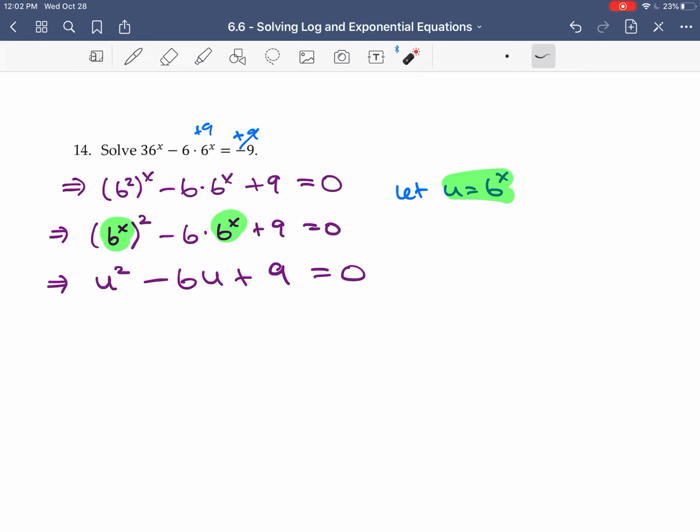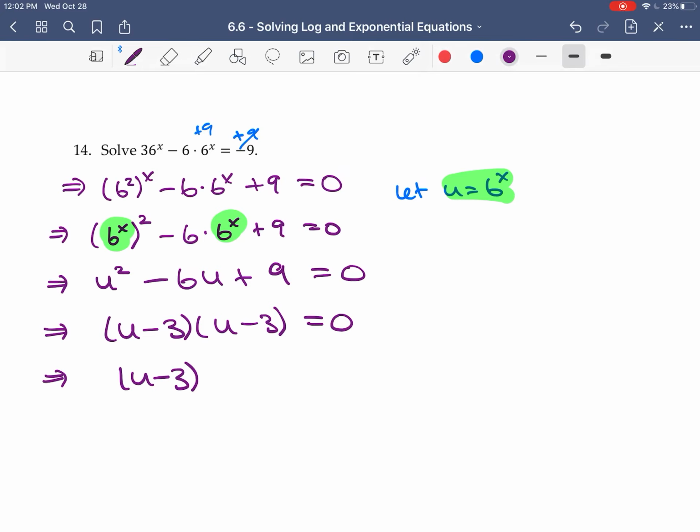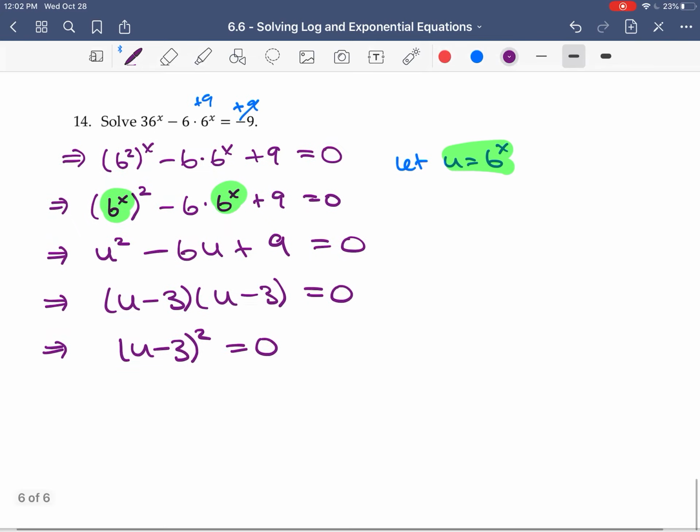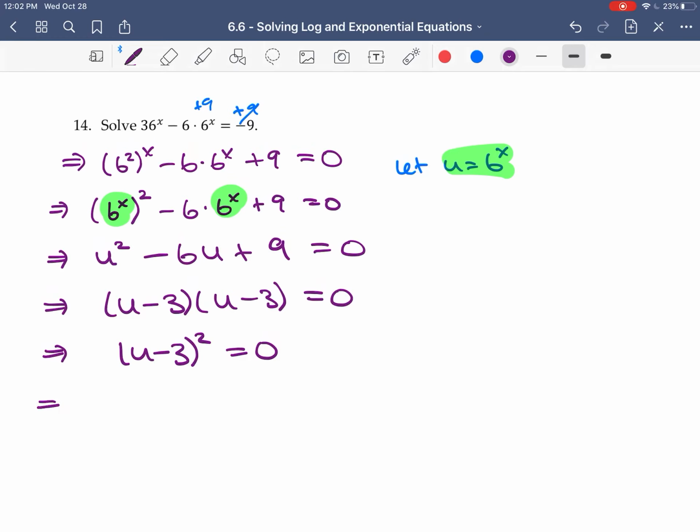So I want two numbers that multiply to give 9, but add to give negative 6. So that's going to be negative 3 and negative 3. So I'm going to have u minus 3 times u minus 3. Or, if you prefer, u minus 3 squared. Okay, so that's going to be 0 exactly when u minus 3 is 0, which is when u equals 3.